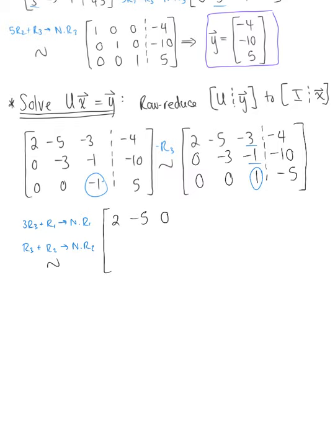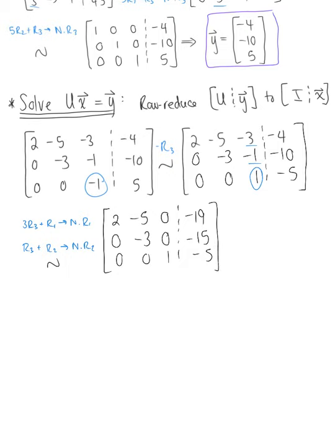And we have minus 15 minus 4, which is minus 19. We'll then have 0, minus 3, 0. And we have -5 minus 10, which leaves us with a minus 15. And the last row is still 0, 0, 1, -5.